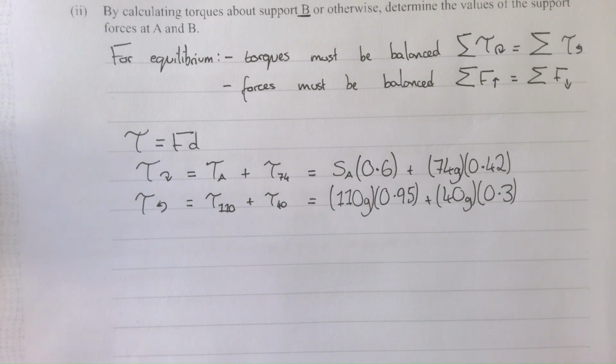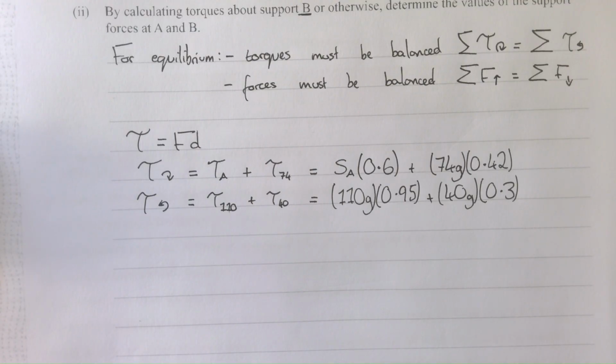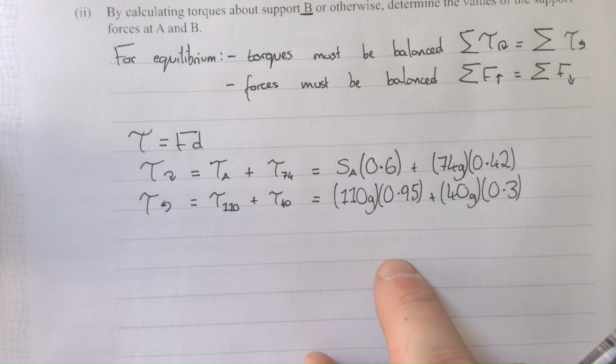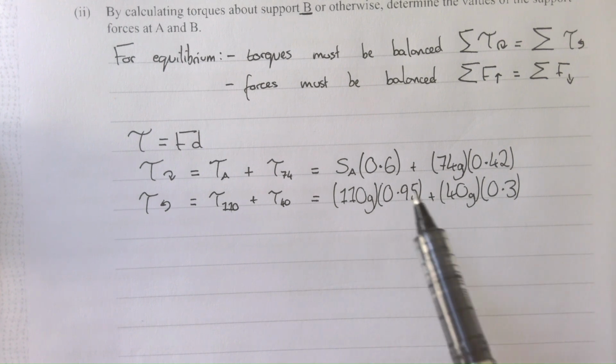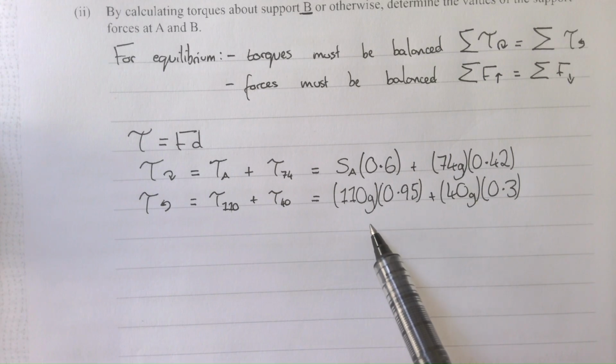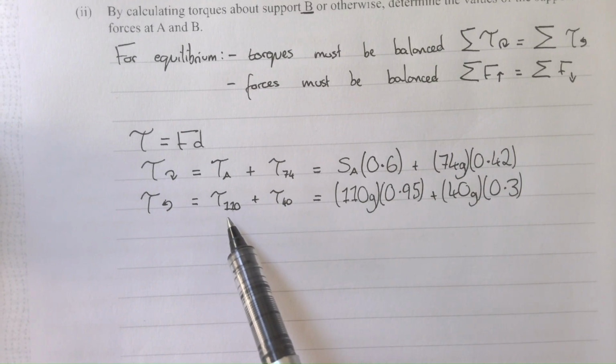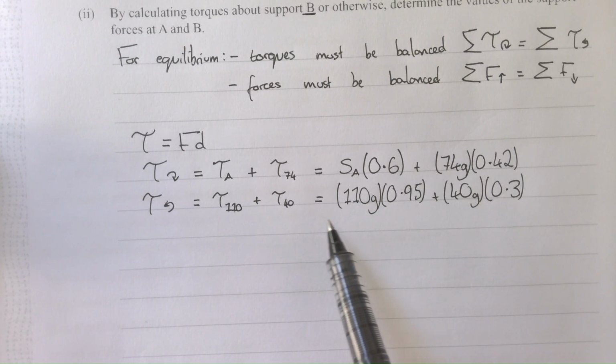Now I've got lots of terms. Often the mark scheme will give you credit for calculating one of these torques, and the same is true here. If you're not confident on these sorts of questions, calculate a torque. Work out one of them. Say T 110 is equal to whatever that's equal to.